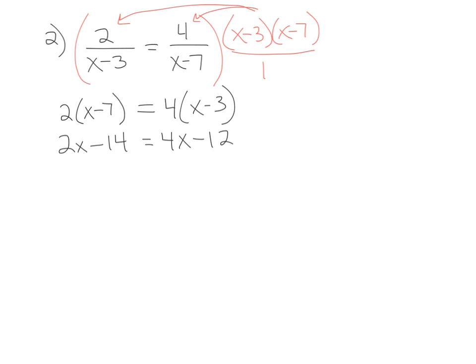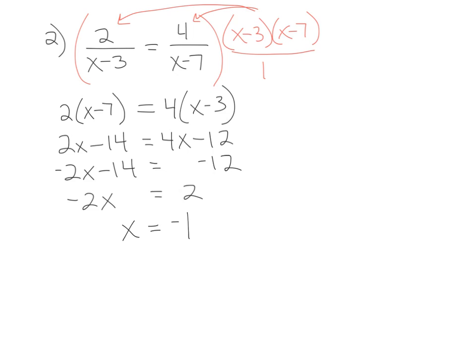Subtract 4x. And then add 14. Add 14. And then finally, divide by -2. And there you have it.